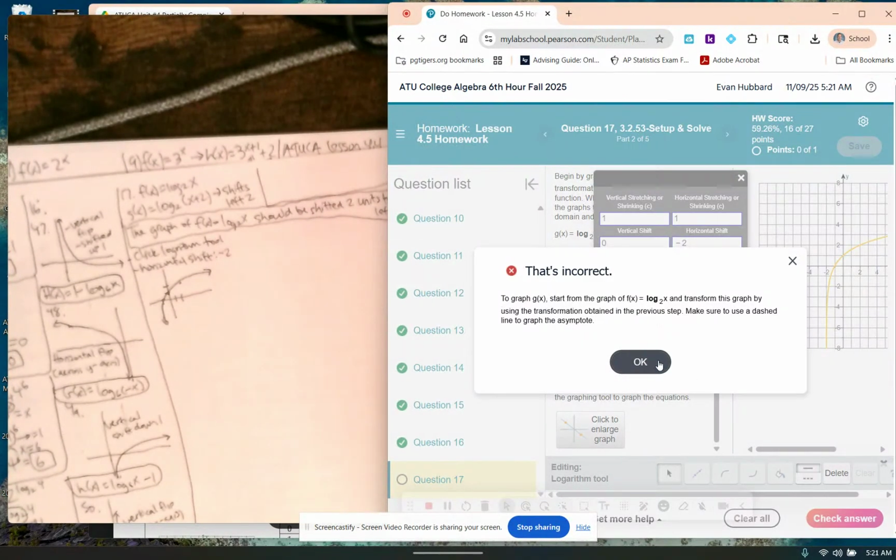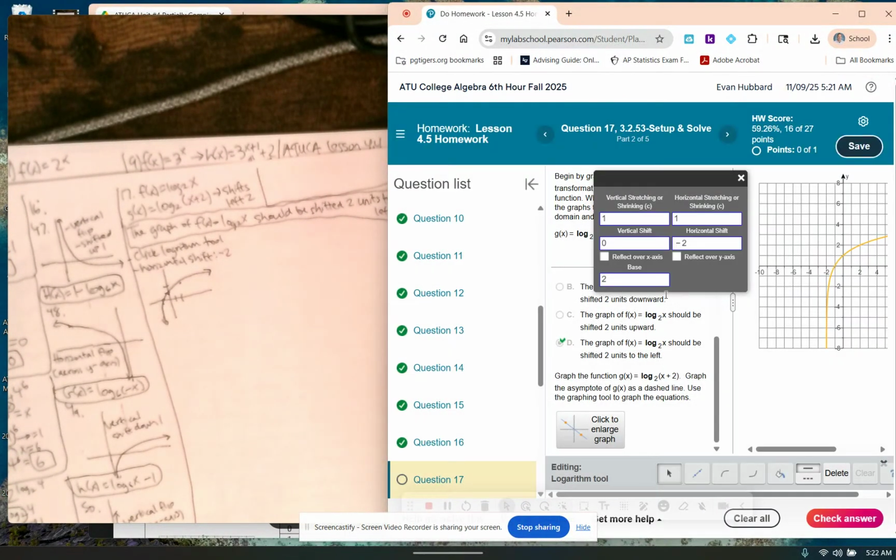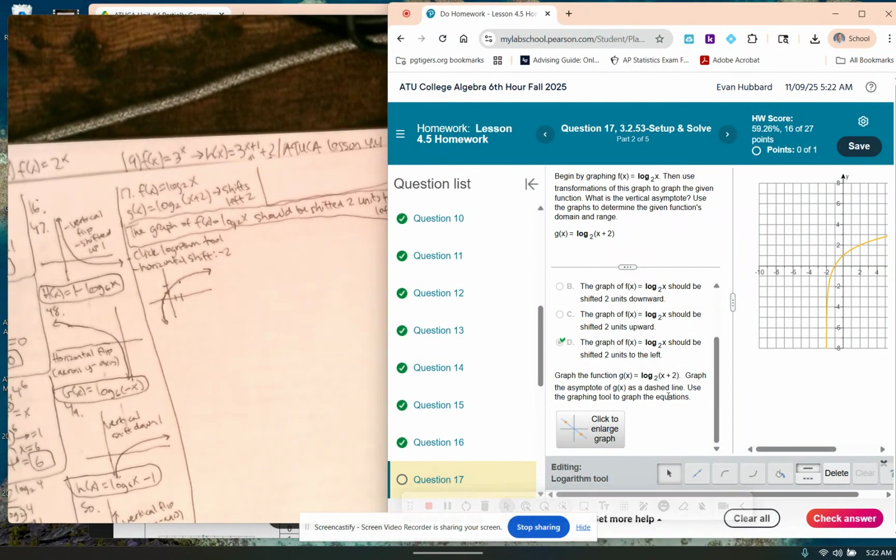Whoops. Apologize there. I forgot about the asymptote. So the asymptote is going to be at x equals, and that's going to be a dashed line, at negative 2. Apologize about that.